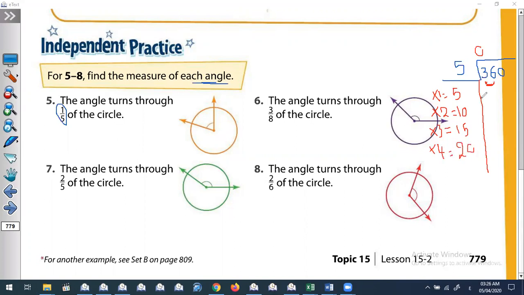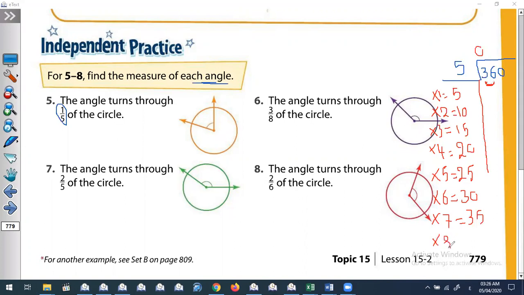Yes, it is smaller than 36. Times 5 equals 25. Also smaller than 36. Times 6 equals 30. It's already smaller. Times 7, 35. Still smaller than 36.